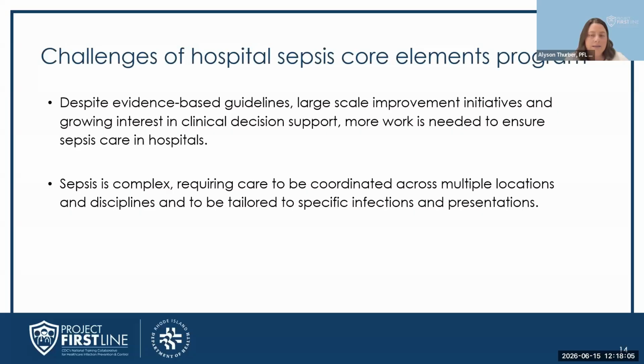Sepsis is a complex condition, and it requires care to be coordinated across multiple clinical care locations and disciplines, and has to be tailored to specific infections and clinical presentations. So again, one size does not fit all. You'll likely start with your needs assessment, and your needs assessment is what will help determine what type of program would best suit your facility.